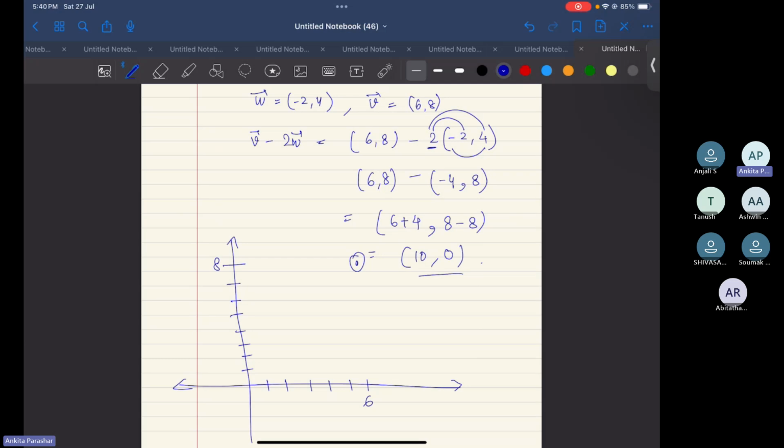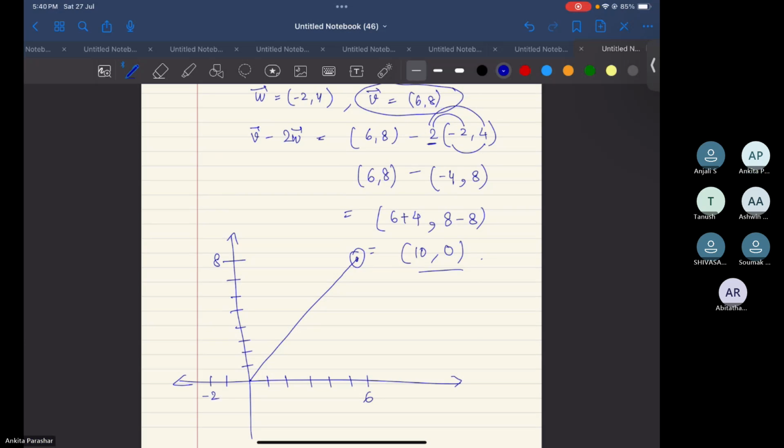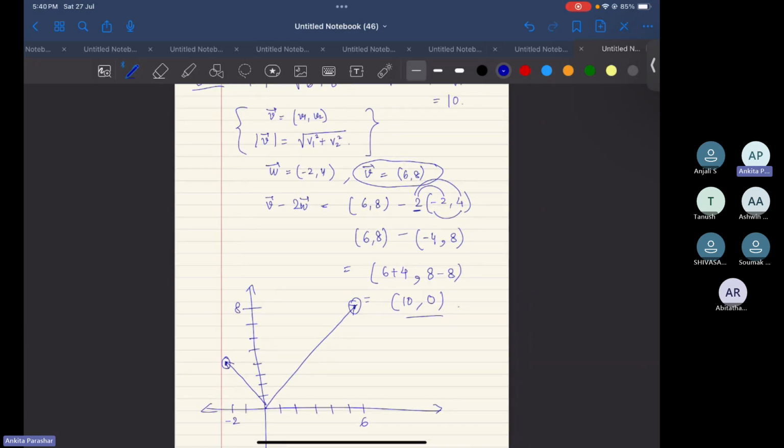Whenever we write a vector in coordinate form, the vector has to be represented starting from the origin. Then minus 2 comma 4 is another vector, again starting from the origin. Now you have to complete the parallelogram and see the sum. This is how you will get the sum.